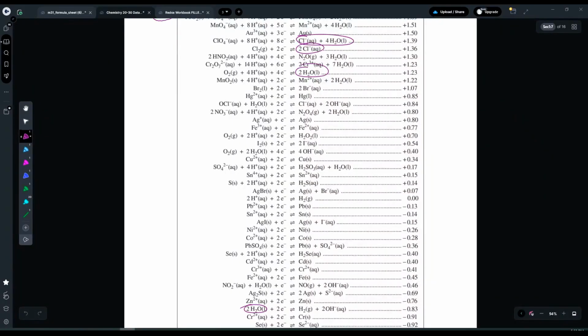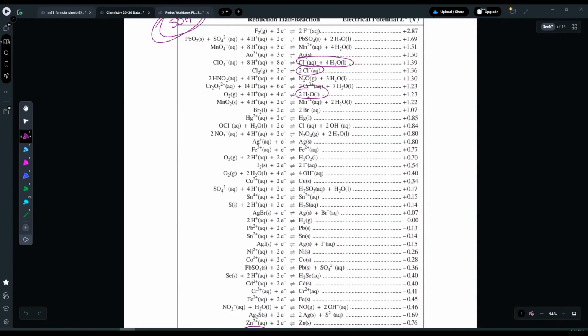Even though they are higher up on our list of reducing agents, chloride ions will win in this very specific circumstance when you have an electrolytic cell and you have chloride ions and water present in your species list.